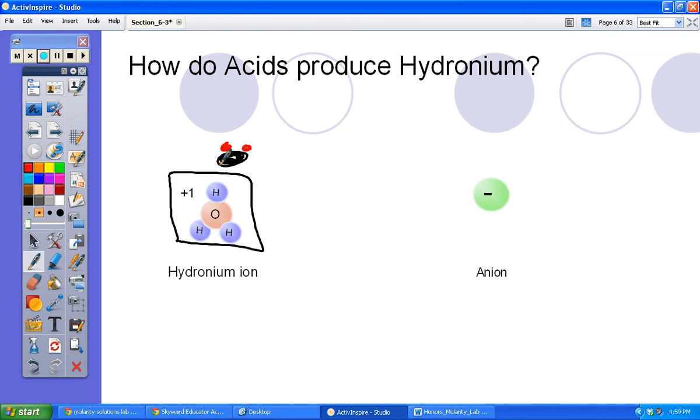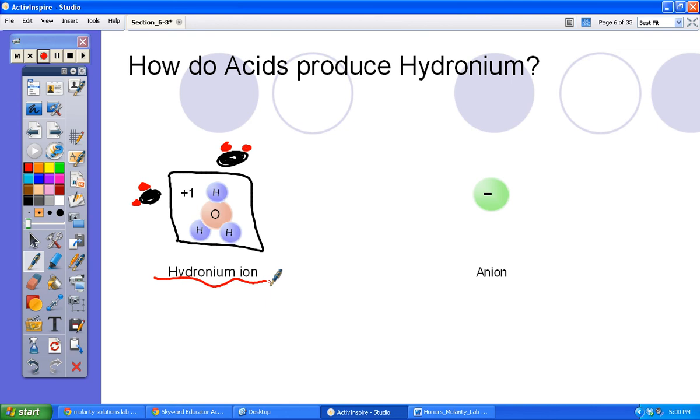So here's the hydrogen and the oxygen parts. The black part is negative, the red parts are hydrogen, those are positive. And so those are attracted to that part of the acid, the hydronium ion. And so that helps to dissolve it in the liquid.